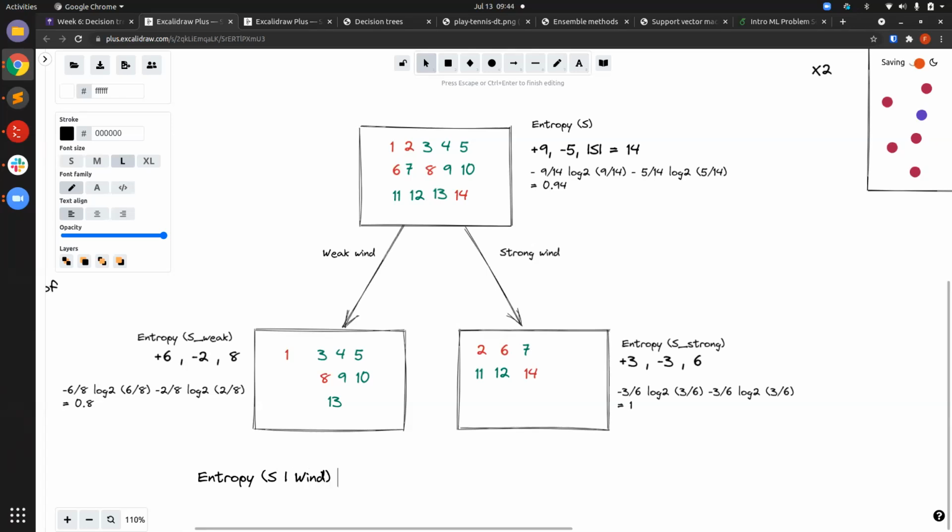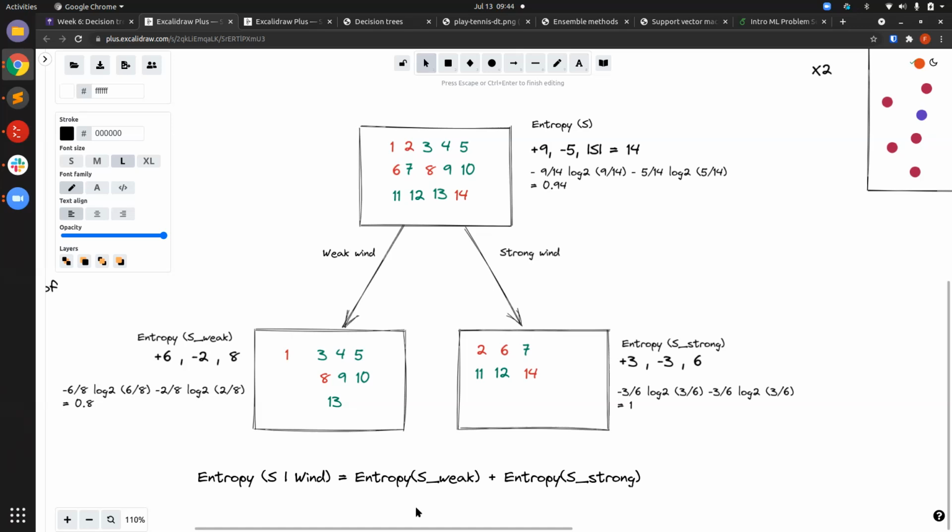It is equal to some factor times entropy of S weak plus another factor times entropy of S strong. And I'm going to put that factor in there.